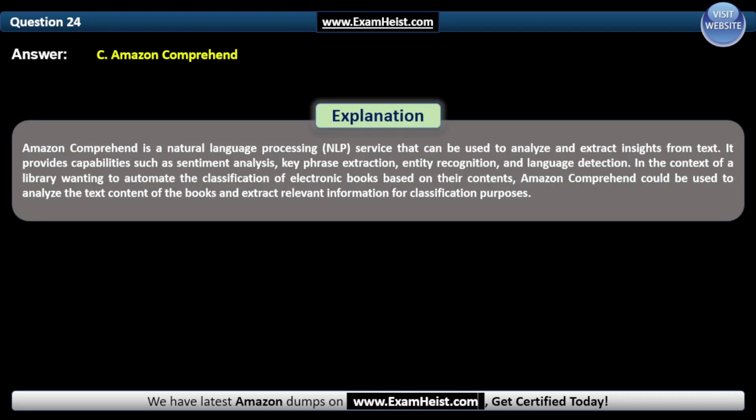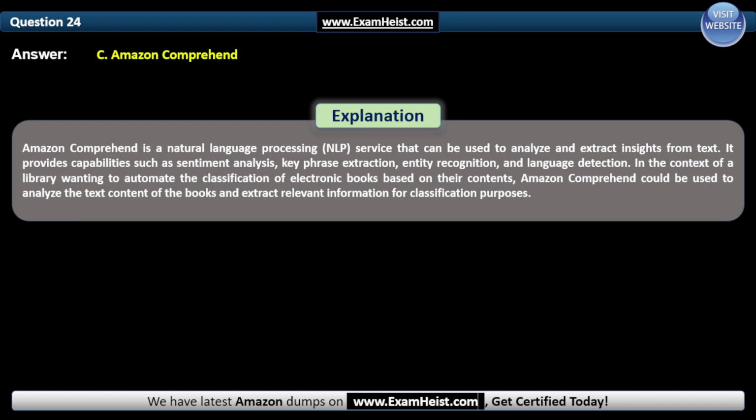Amazon Comprehend is a natural language processing service that can be used to analyze and extract insights from text. It provides capabilities such as sentiment analysis, key phrase extraction, entity recognition, and language detection.